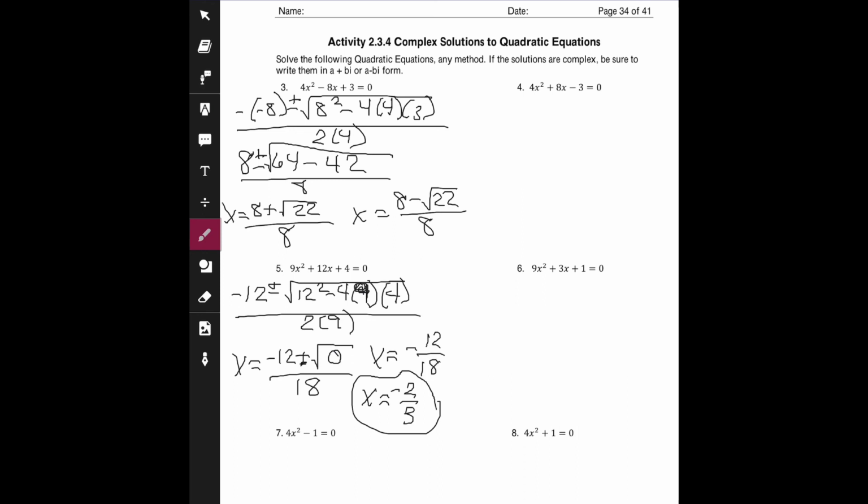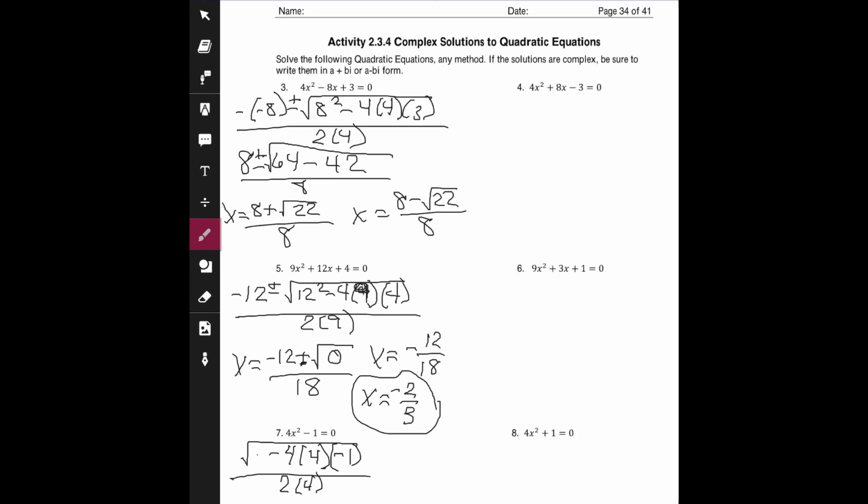And the last one, you're going to have negative b. There is no b. The square root of b squared. Again, there's no b. Negative 4 times a times c all over 2 times a. So I'm going to simplify that to be plus or minus the square root of 4 times 4 is 16.